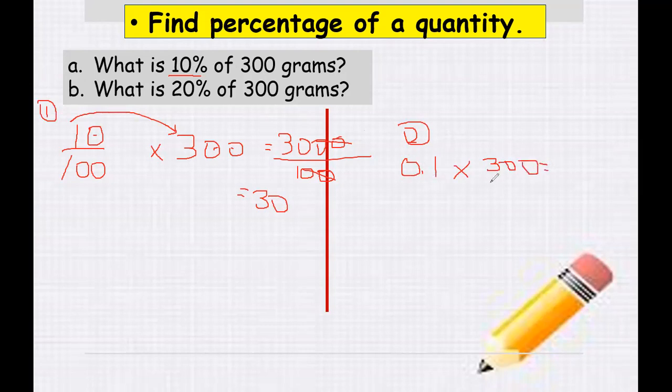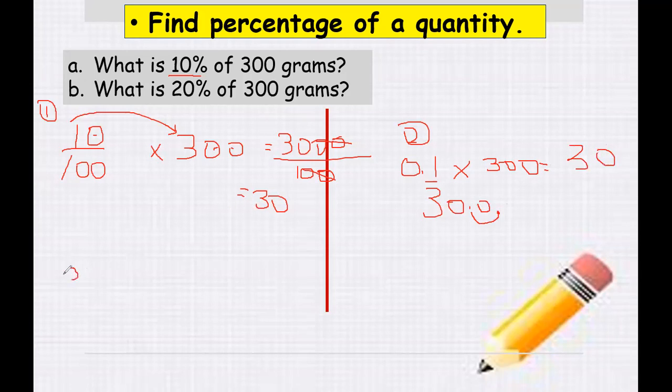So this will be 1 times 3. 1 times 300 is 300. How many decimal places do we have? Only 1. So since we have the decimal point here, you can just move it. And the answer is 30. Okay? This is the second method.